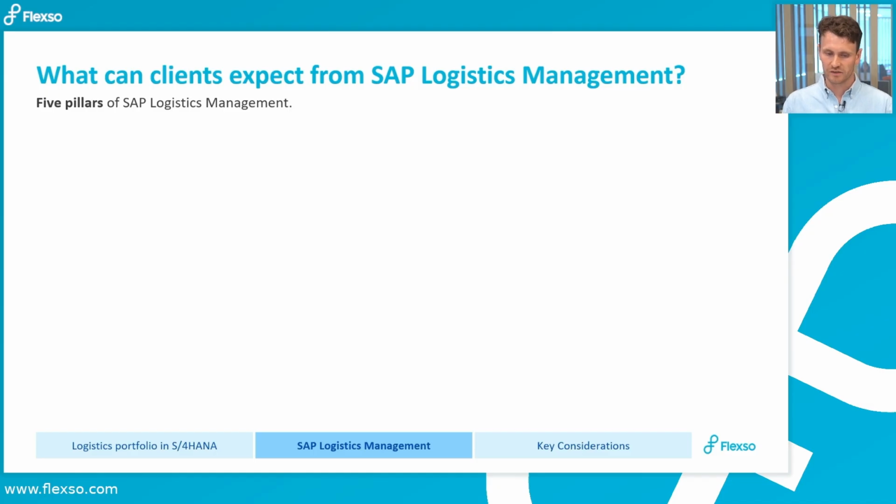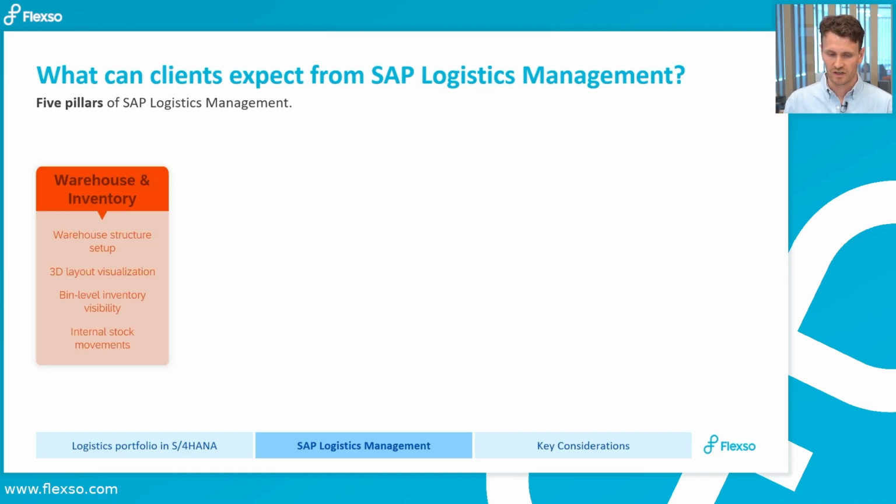We have 5 pillars of SAP Logistics Management, so 5 processes that it covers. Since it's a WMS and TMS solution, it's covering native warehousing and inventory operations. You have apps to set up the warehouse structure. There is a new app for 3D visualizations of your warehouse layout.